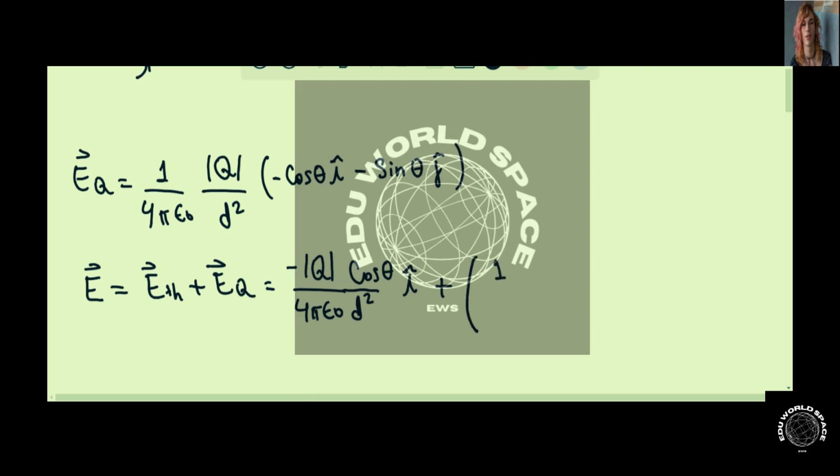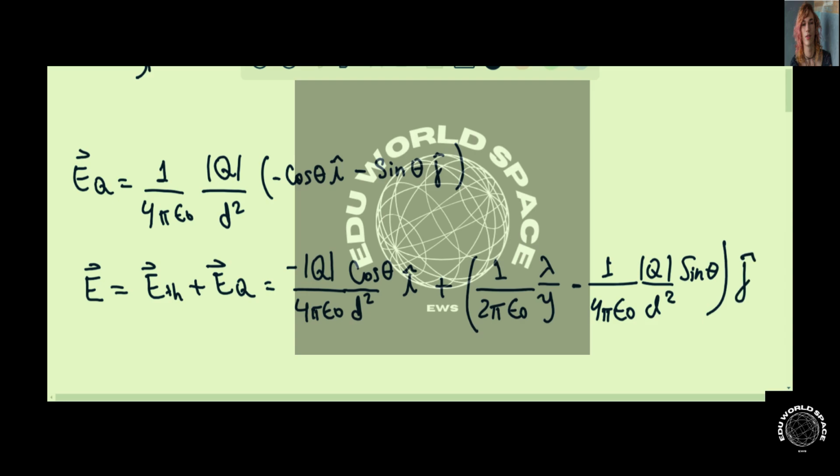It will be something like this: 1 over 2 pi epsilon sub 0, lambda over y, minus the y component of the electric field produced by the charge Q, with the sine of theta, and all of this in the y component.